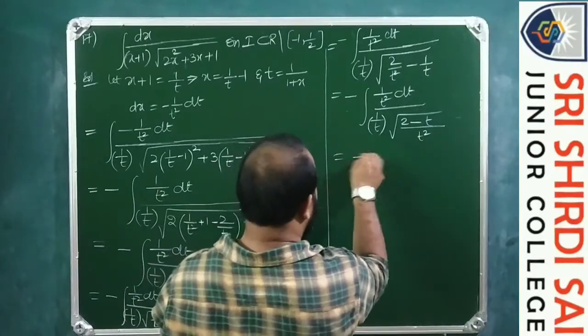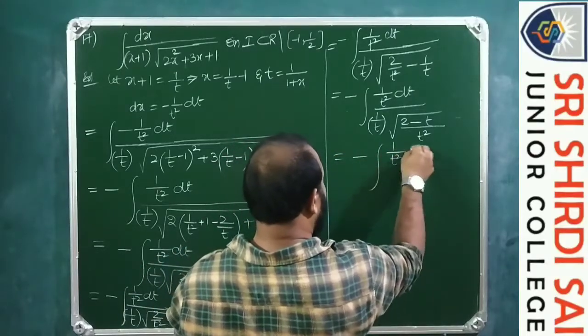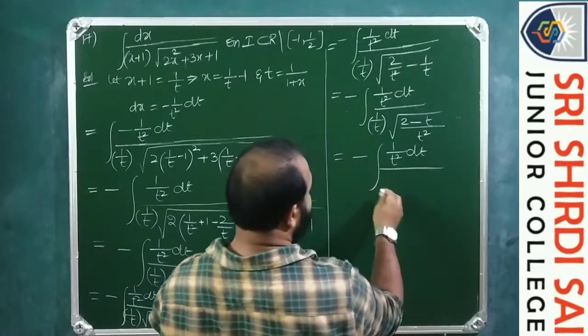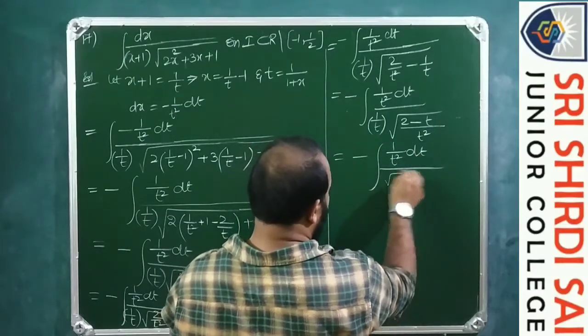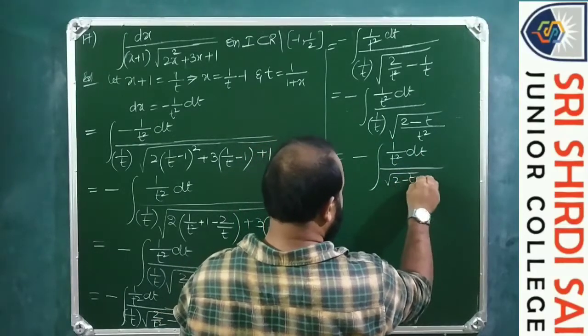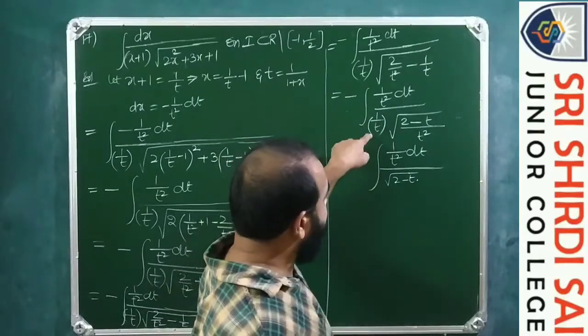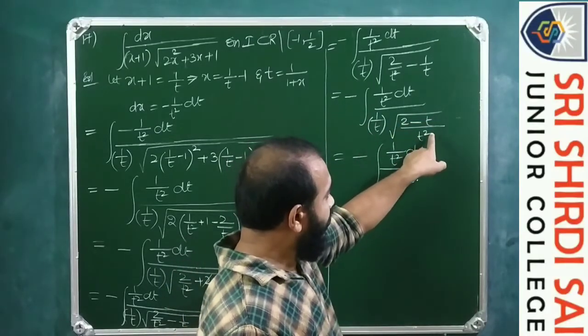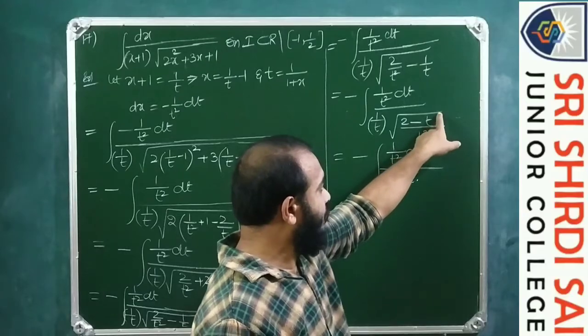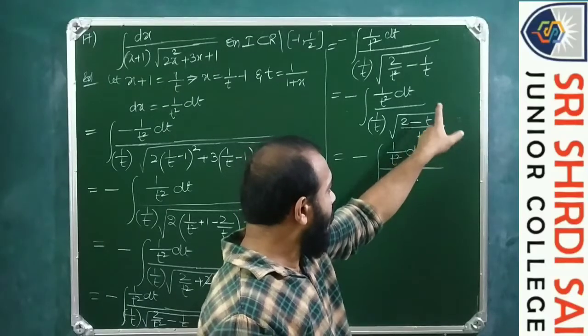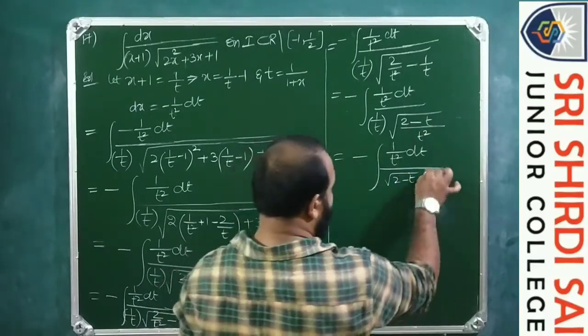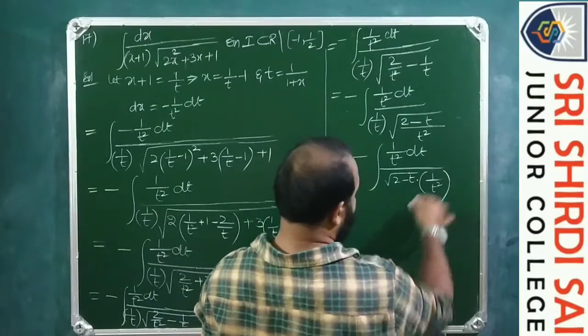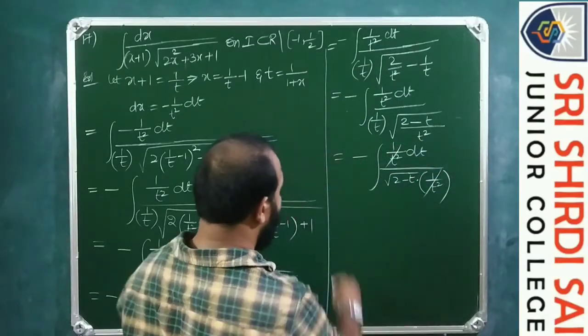So this implies minus integral 1 by t square dt by, this is root 2 minus t into, this is 1 by t, this is 1 by t square and a root, so square root gets cancelled. 1 by t into 1 by t is 1 by t square, so these two get cancelled.